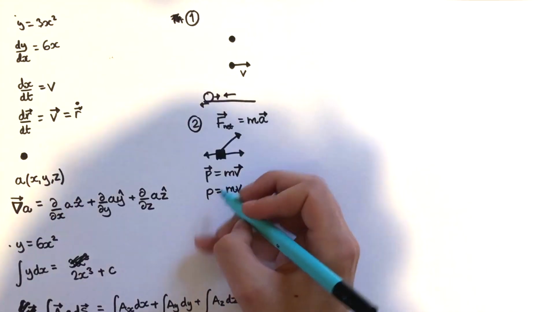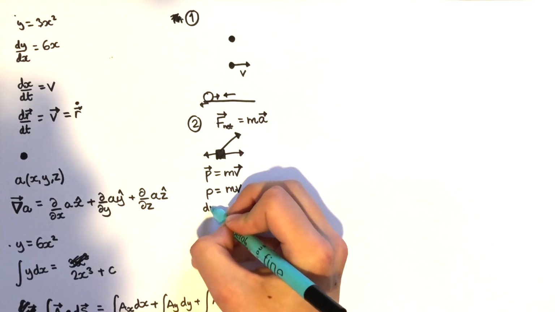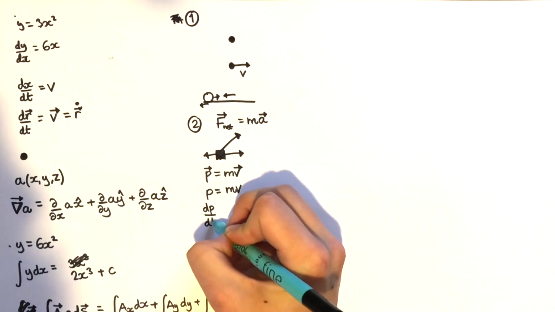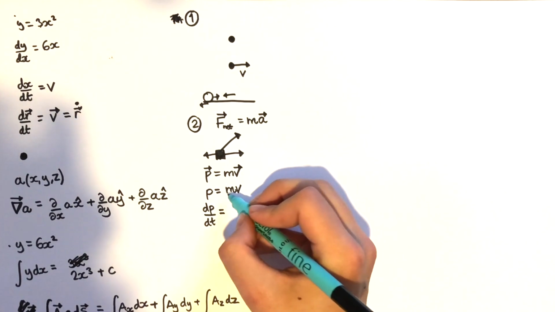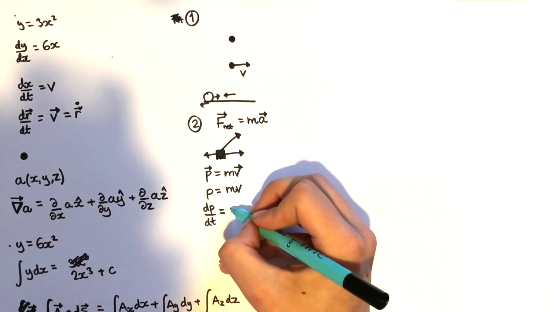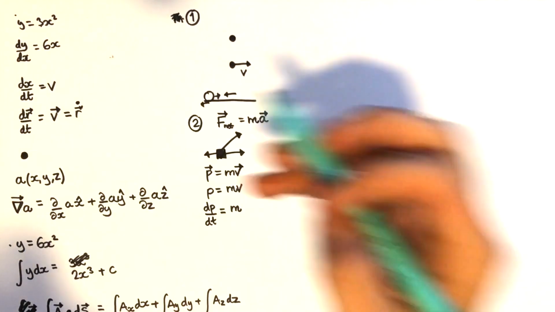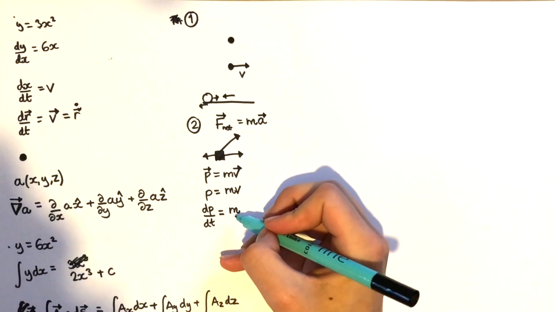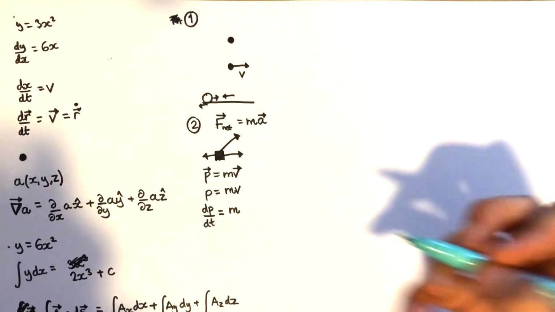Now, if we differentiate both sides with respect to time, then what are we going to get? Well, dp by dt is going to be equal to the derivative of the right-hand side with respect to time. The mass isn't going to change; the mass is just going to remain constant. And you should know that when you differentiate, constants don't carry forward.